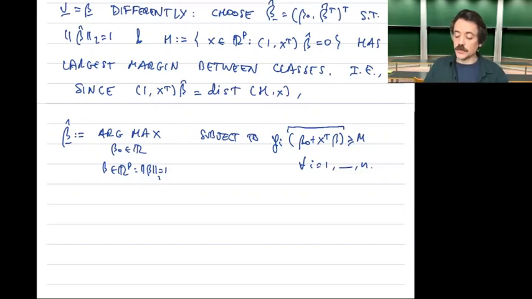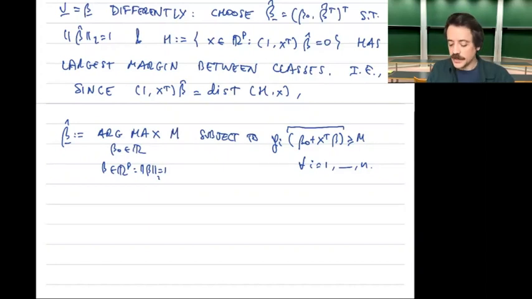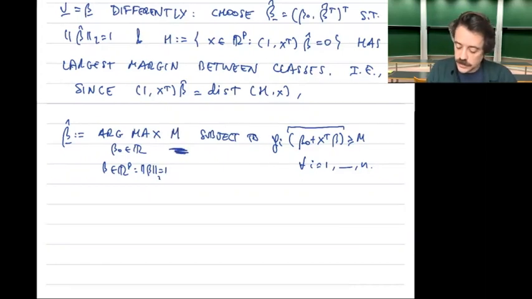We want to maximize the capital M, which I had forgotten in the statement, and that's what we wish to optimize. So we wish to have as large an M as possible. I'm not saying margin because it's nearly the margin.